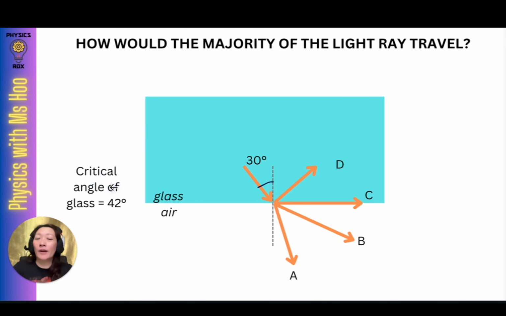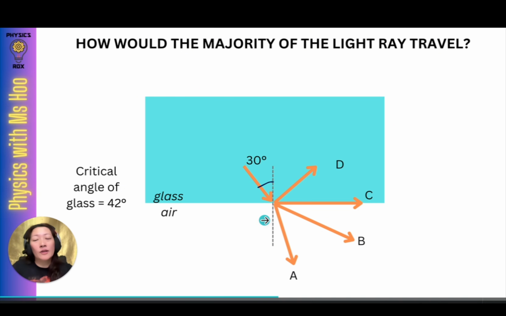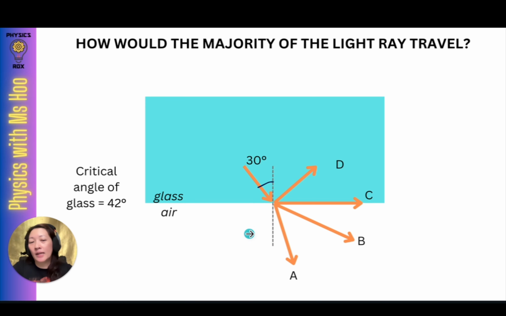So total internal reflection will not occur, even if the second condition is fulfilled, where light is traveling from high optical density to low optical density. So that means in this case, it will end up refracting. When light travels from glass to air, or from higher to low optical density, it's going to refract away from normal. So therefore, the answer to this question is B, where we can see that the light ray for B is further away from the normal than the original incident ray.